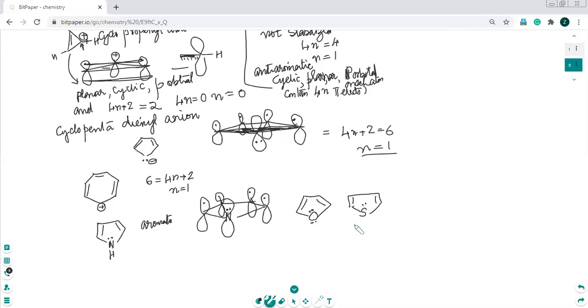This is called thiophene. And this one is furan. And this is pyrrole.